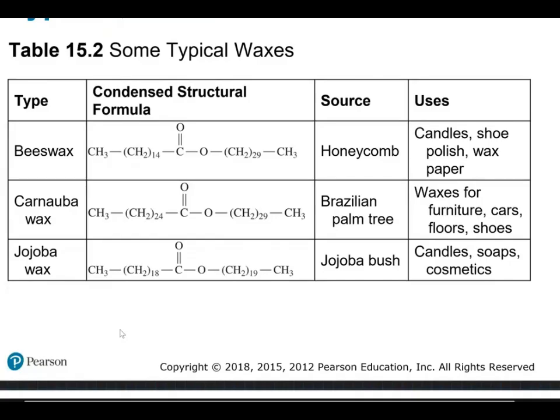So these are just some examples of different waxes with the formulas. I'm not going to talk about the source and the uses. I want to talk about the number of carbons.